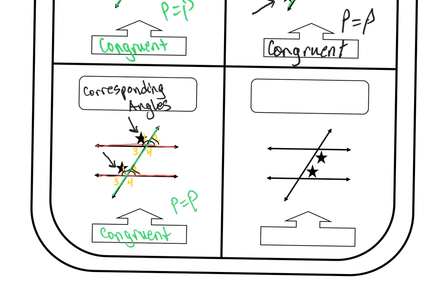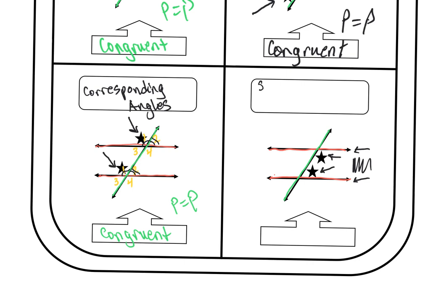All right, and then the last special type of angles we get. We've got parallel line 1, parallel line 2, cut by our transversal, and we are looking at two angles that are inside the parallel lines, because here's parallel line 1, here's parallel line 2. The angles we're talking about are inside those two parallel lines. However, they're not on alternate sides of the transversal, so they're not alternate interior.